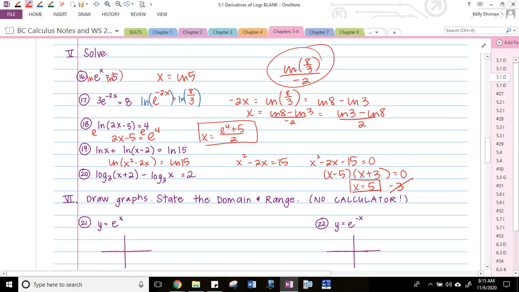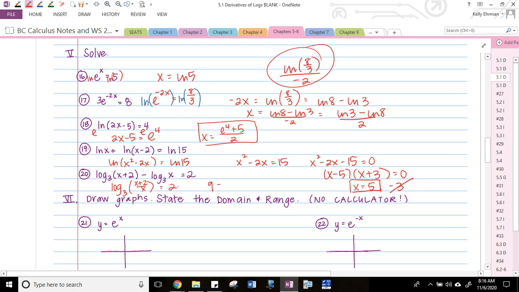And then finally, the last type of equation is where we have to condense again. This one's log base 3. This would be division, so log base 3 of x plus 2 over x, and it would just equal 2. Now, when you just have a logarithm on one side, you could base 3 both sides, or you could also say 3 to the 2nd equals the result.